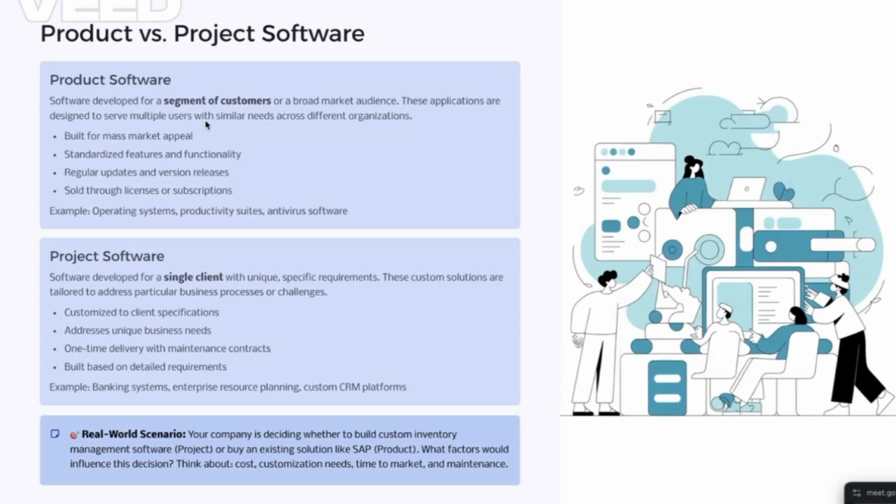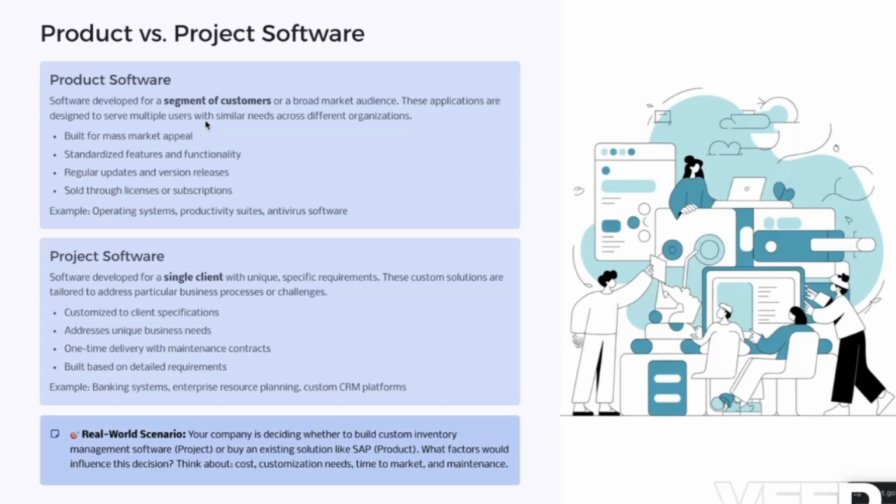And what is project software according to you? Yes, it's based on the specific requirements of particular clients. So the examples are banking systems. The banking system software, laymen and normal people cannot use it, right?